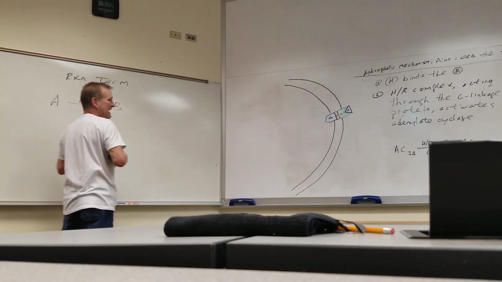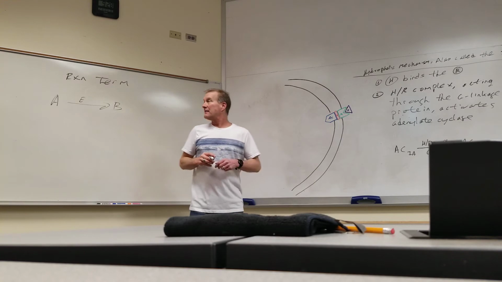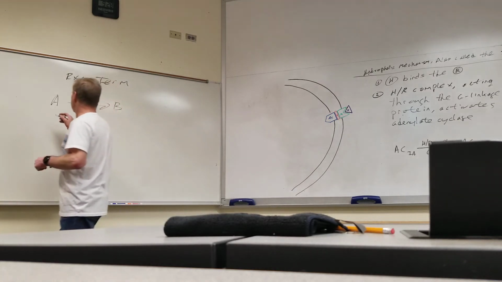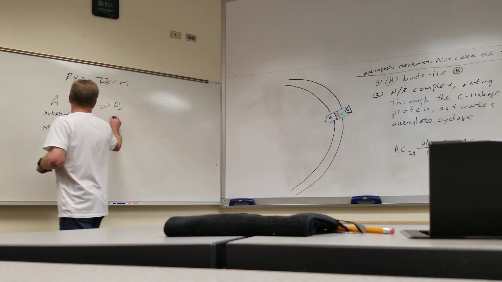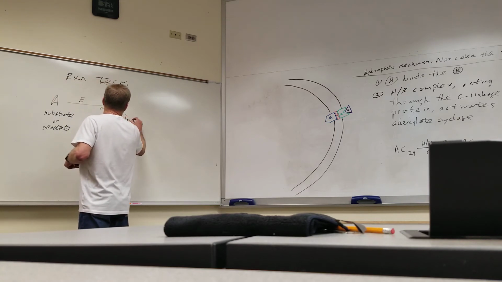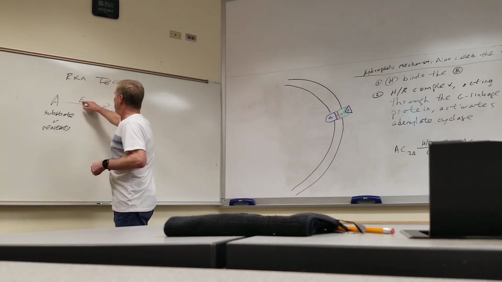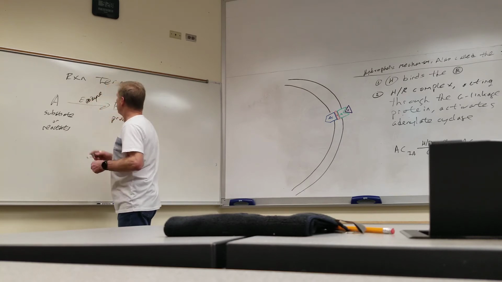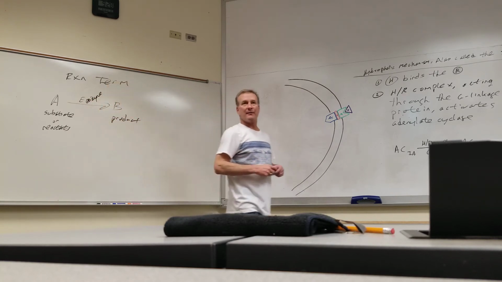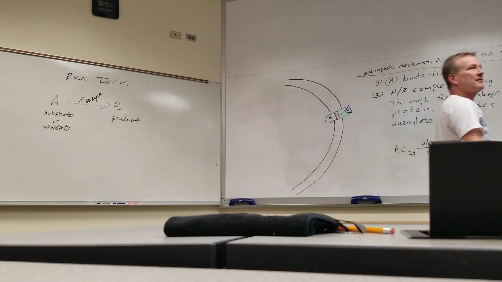When you convert A to B, what do you call A? Substrate, is that right? What else? Reactant. What do you call B? Product. And what's E? Enzyme. Nothing difficult about that, but you need to be comfortable, familiar with those words.